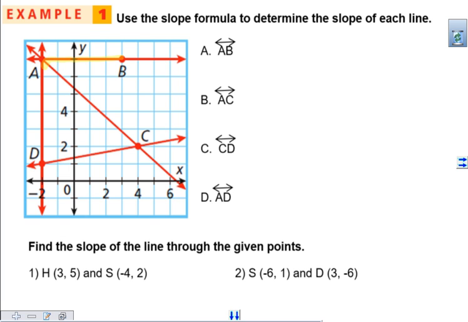No. So that's a 0. Over, and how far over did we go? 1, 2, 3, 4, 5. Over 5. And 0 over 5, what does that equal? That equals 0. That means that our slope for line AB is 0.